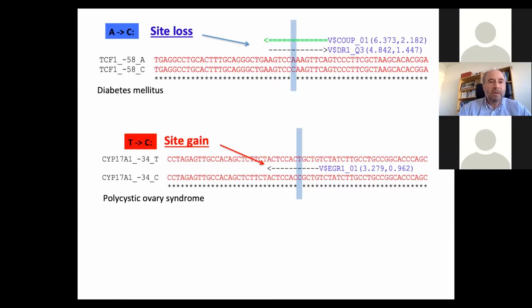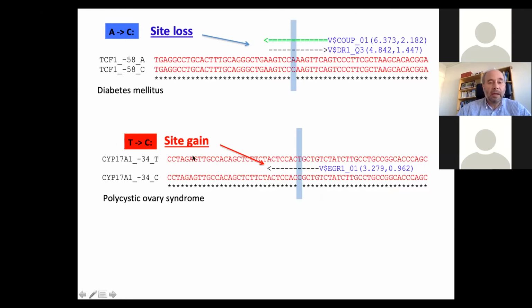So, for instance, this change of A to C in this position of the TCF1 gene, in the promoter of that gene, is known to be associated with diabetes. And when this A is changed to C, actually the site for COPE or DR1 is lost.